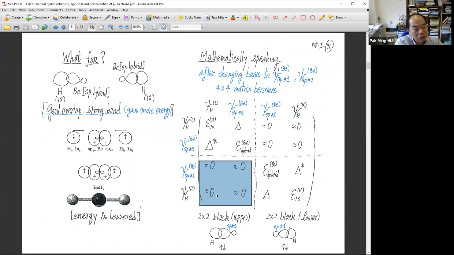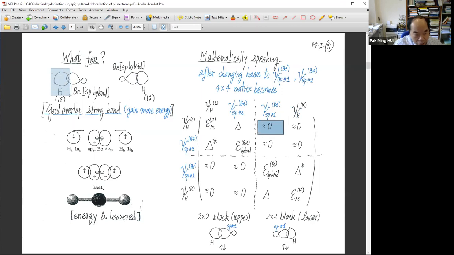In principle, after you do the changing of bases, you can calculate all the matrix elements again because you know the initial 4x4 matrix. The whole physical picture is that after doing the hybridization, the left hydrogen is too far from this one to have any coupling. So this will be approximately 0.